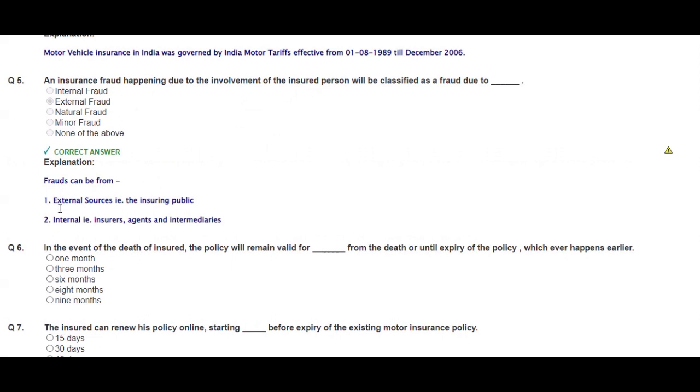The explanation will be given: external source is the insuring public; internal is insurer, agents and intermediaries. Internal means insurers, the insurance company, or agents and intermediaries. So the fraud involving the insured person is external fraud.